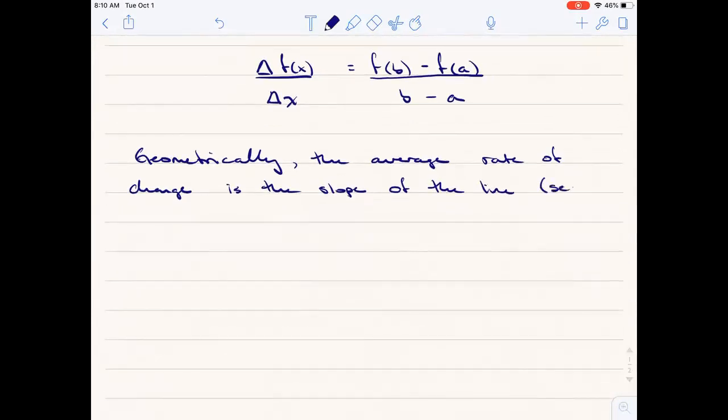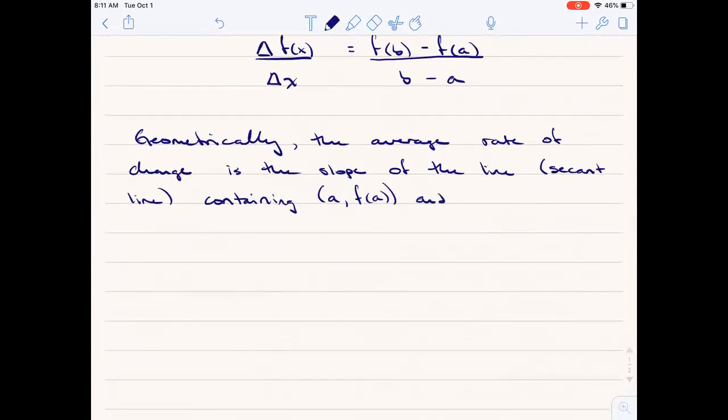This is called the secant line. It's not important, but containing the point A, f of A, and B, f of B.